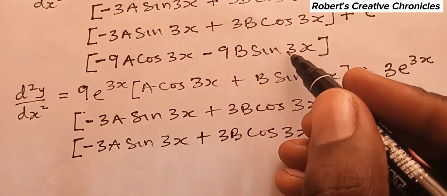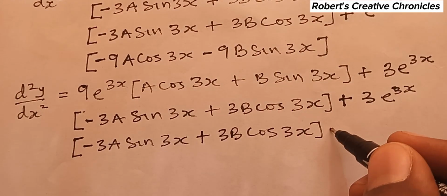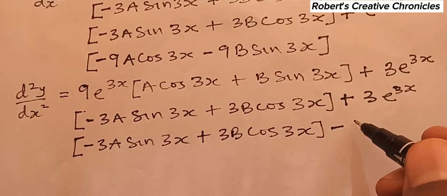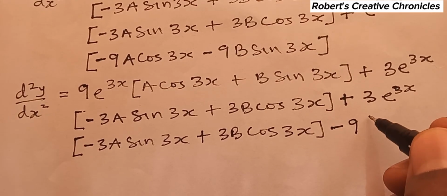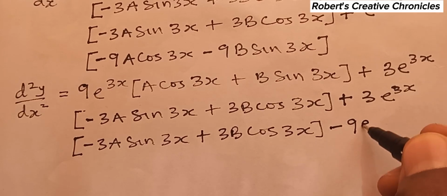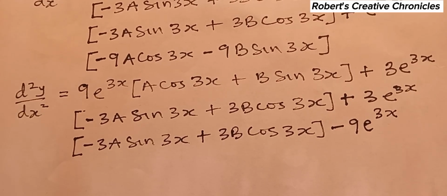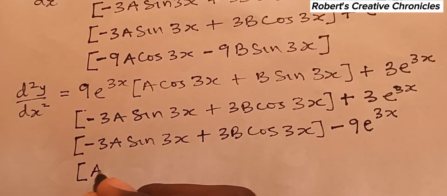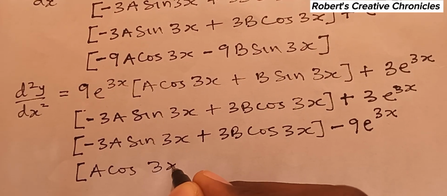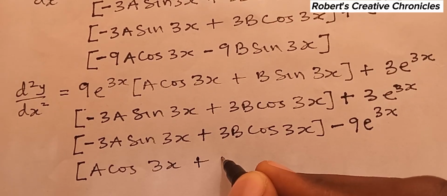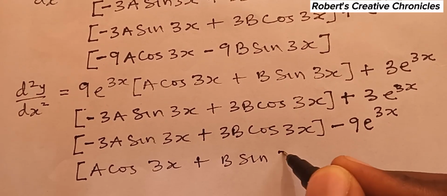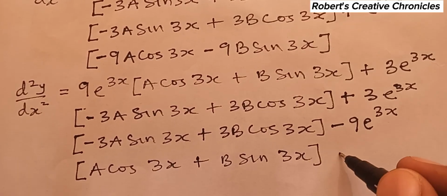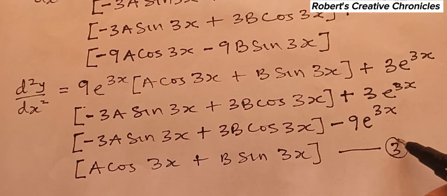Now we'll factorize negative 9 from here to become negative 9e^(3x)(a cos 3x + b sin 3x). So this will be my equation 3.